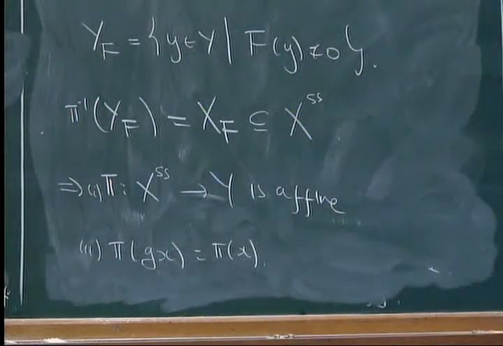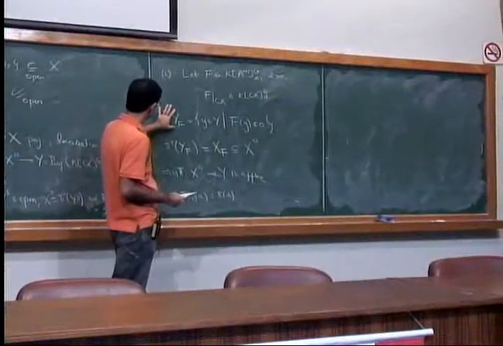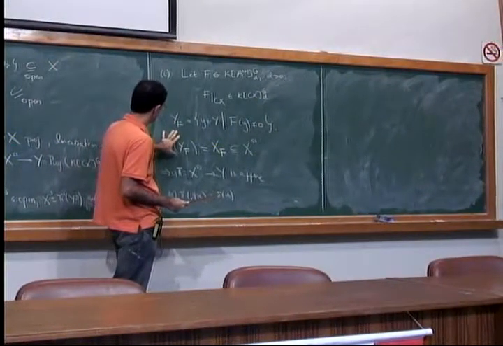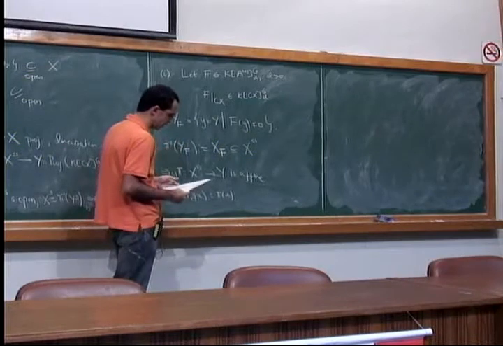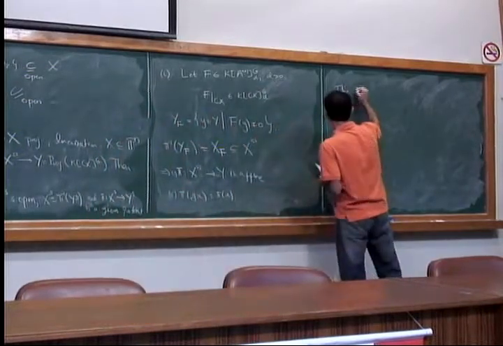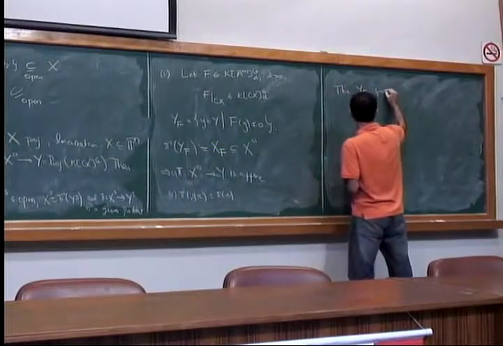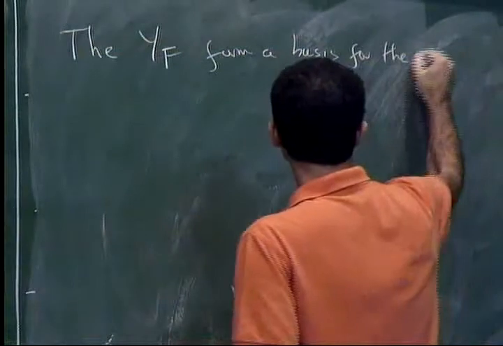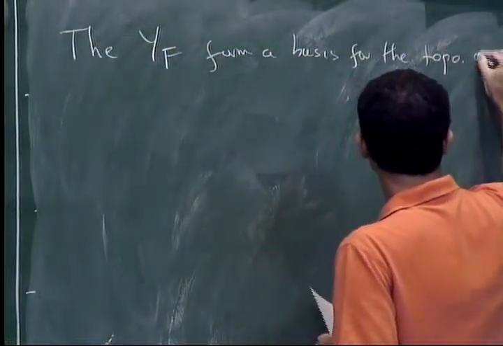And then what we had to show for that lemma is that you had a basis for the topology of Y such that you get a quotient over the open subsets of these bases. And of course, the YF form a basis for the topology of Y.